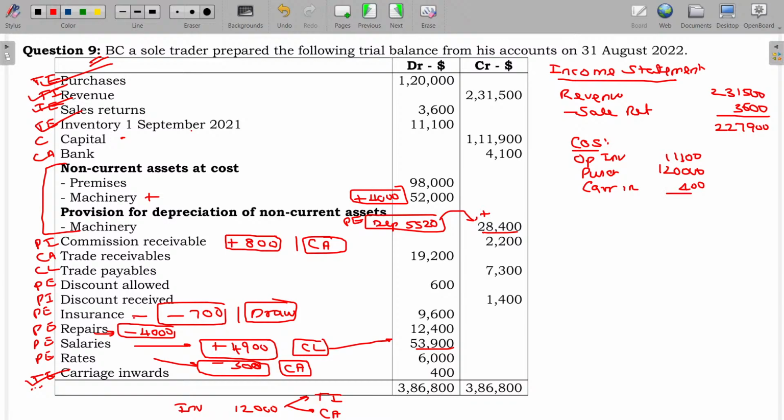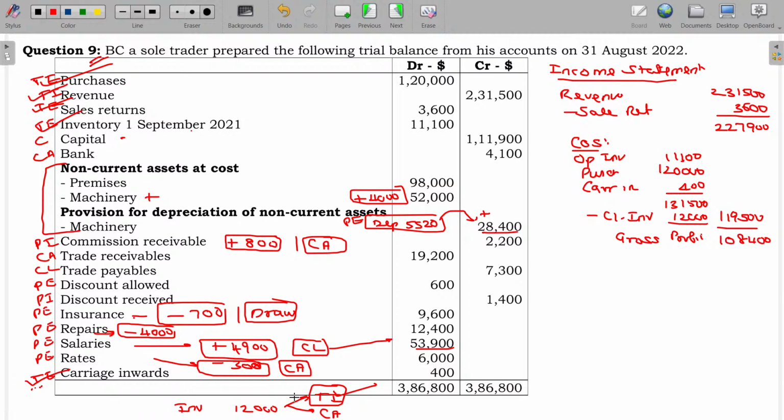The total of these three values is 1,31,500 minus closing inventory. Closing inventory here being 12,000 rupees. After subtracting 12,000 from here, the value being 1,19,500, and the gross profit being 1,08,400.